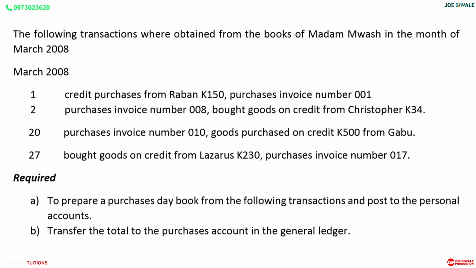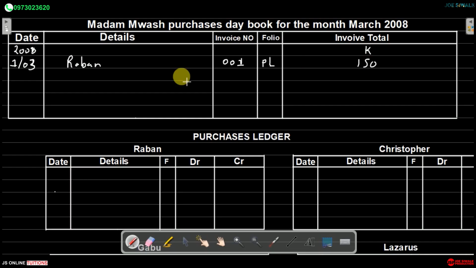Let us look at the second transaction. It reads purchases invoice number 008, bought goods on credit from Christopher amounting to 34 kwacha. So we are going to say on the 2nd of March there, in our details column we are going to say Christopher, and the invoice number is 008. In our folio we are going to say PL. The amount there is 34 kwacha, so we are going to say 34.